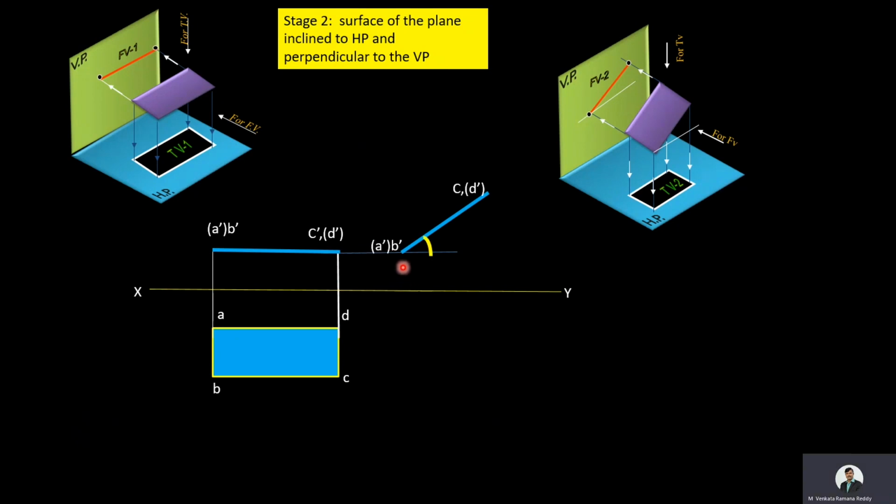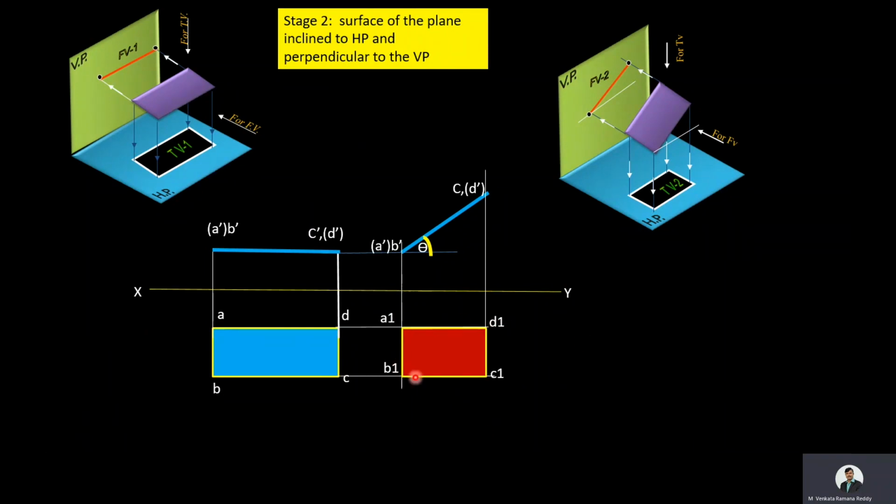After that, draw projectors vertically down, then draw locus lines through A, B, C, D. After that, locate intersection points, name those points as A1, B1, C1, D1. Then join all these points in a sequential order.